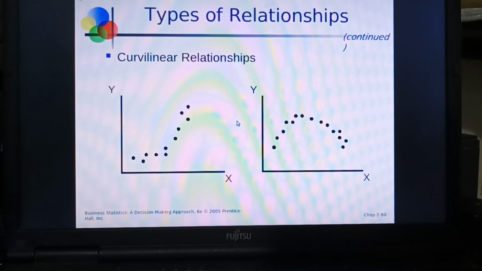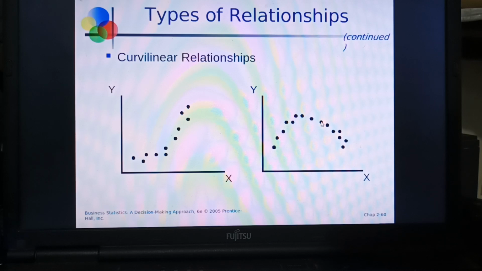And there's another relationship between two variables. Here is a curvilinear relationship. It's still linear, but it curves. Clearly not a straight line. It describes a curve.